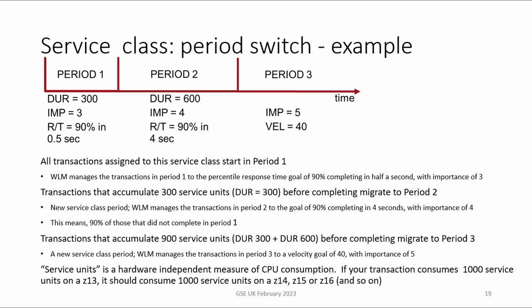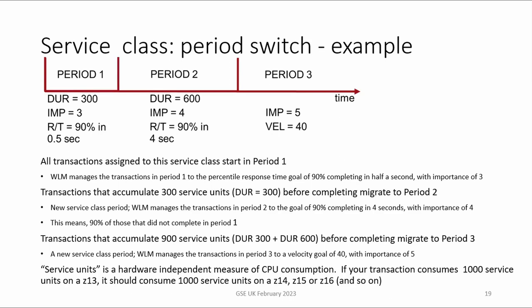And anything that still hasn't finished, so we're targeting this to be 1%, will be pushed down to period 3, and it'll run at low importance, and WLM will use a velocity goal to manage it. Now, the important thing to note here is that service units are hardware independent.